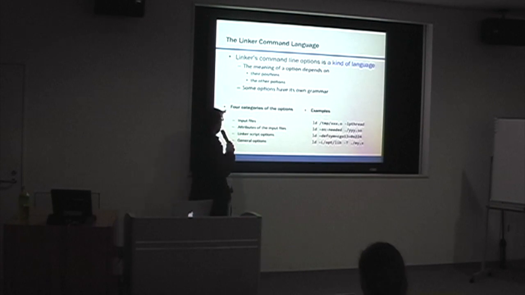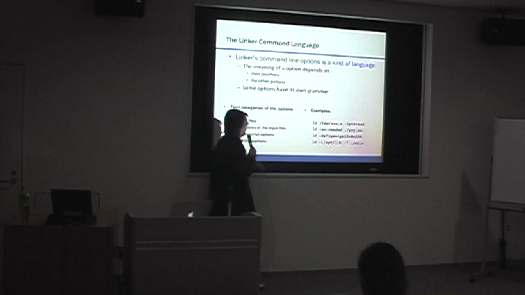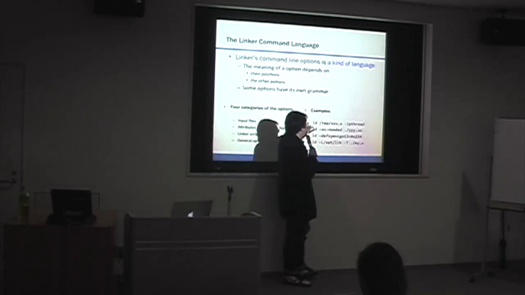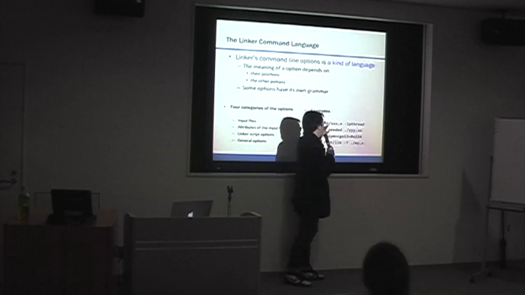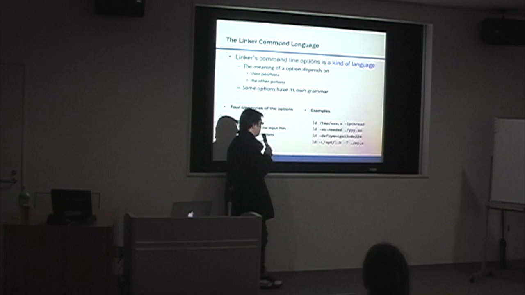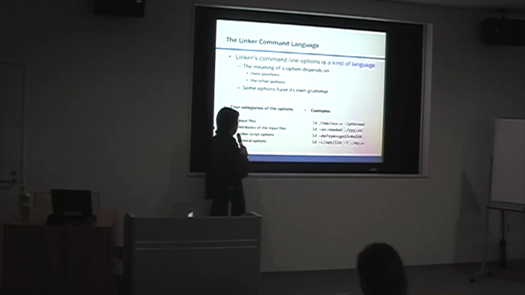We define four categories for these options. The first is input file. Take this for example: this command line tries to link these two objects. One is called XXX, and the other is maybe a shared library or pthread. Another is attribute.